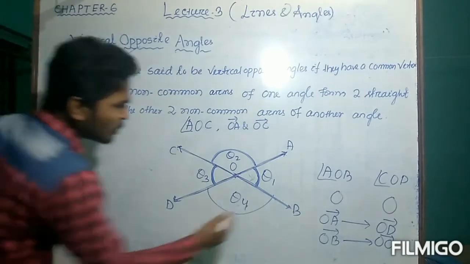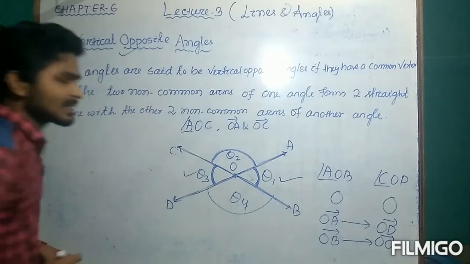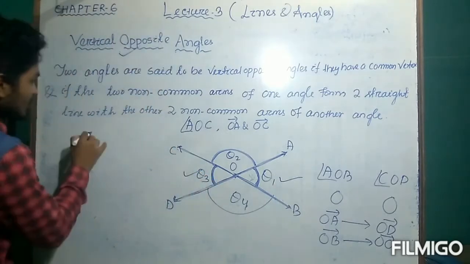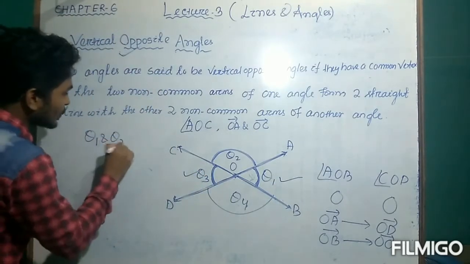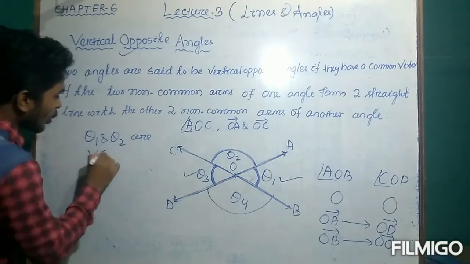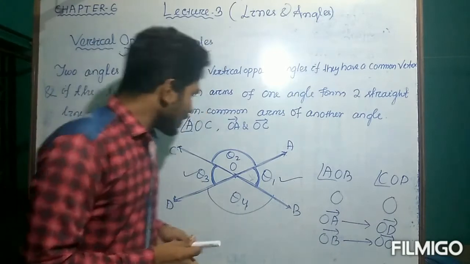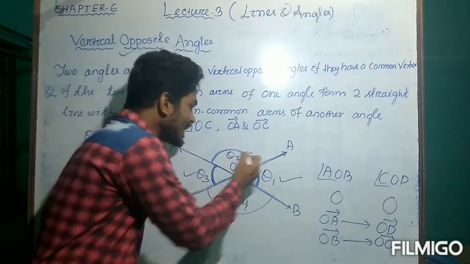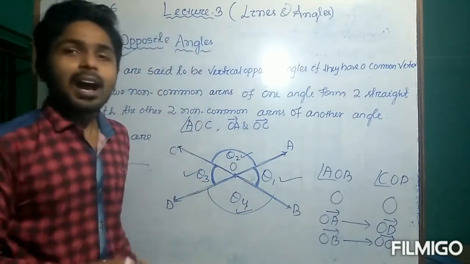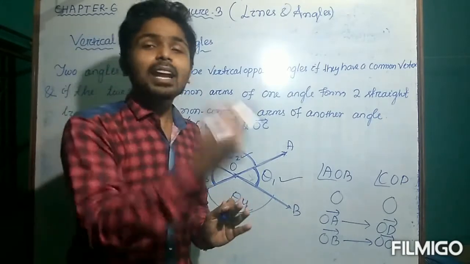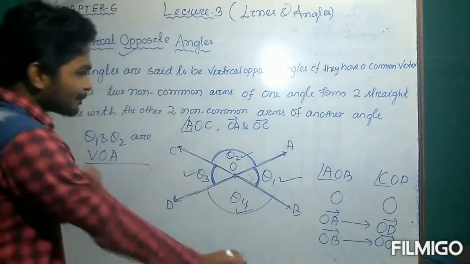Now, as we know, this angle and this angle are vertically opposite angles. So write it: theta 1 and theta 3 are vertically opposite angles, VOA. Now let us consider whether theta 2 and theta 4 are vertically opposite angles or not.